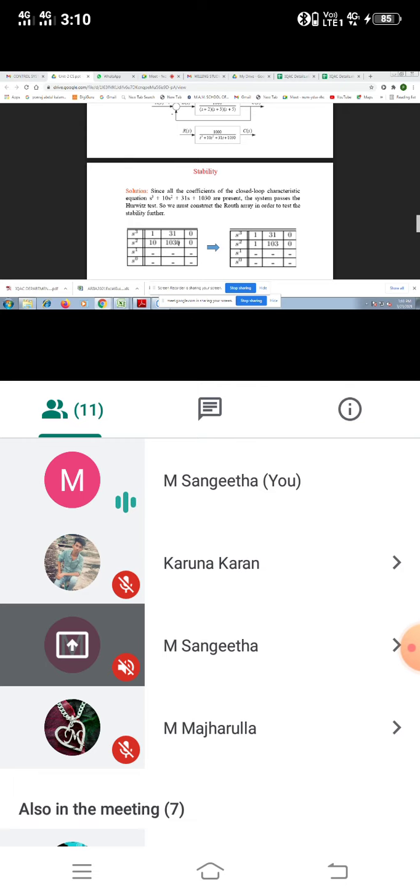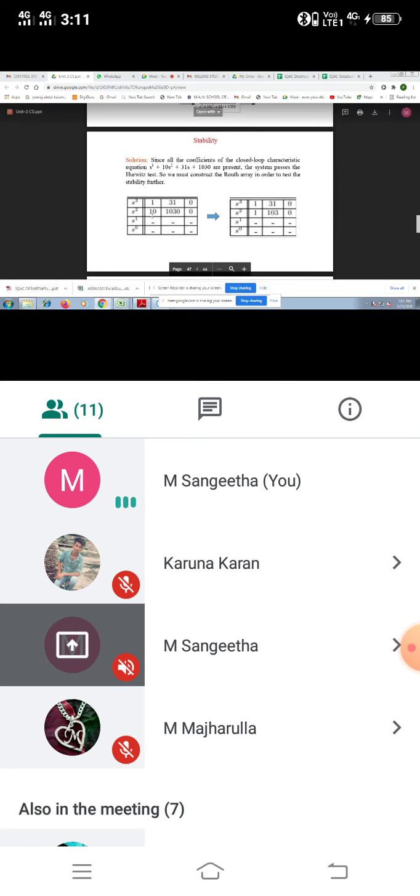So 10 by 10 is 1, 1030 by 10 is 103, 0 by 10 is 0. You just convert this high value into a normal value by dividing by the common value of 10.